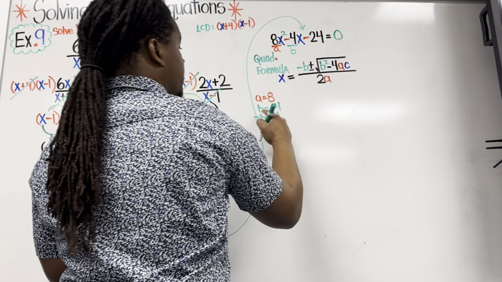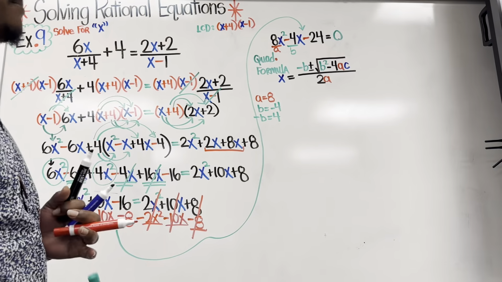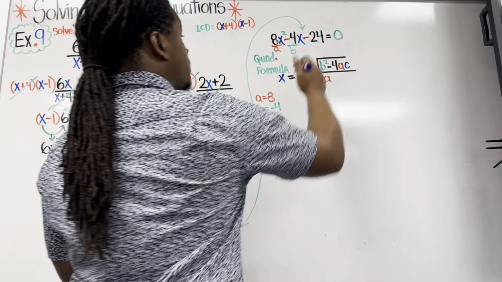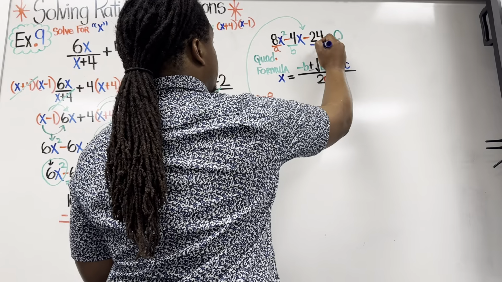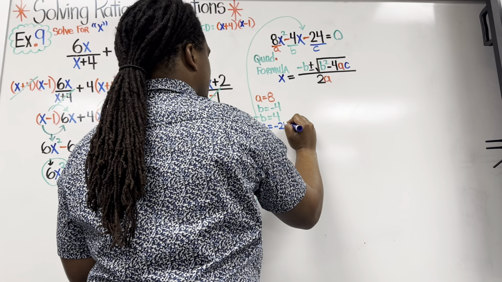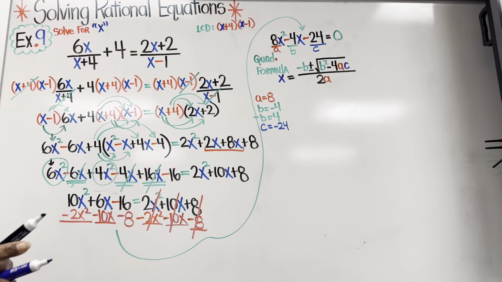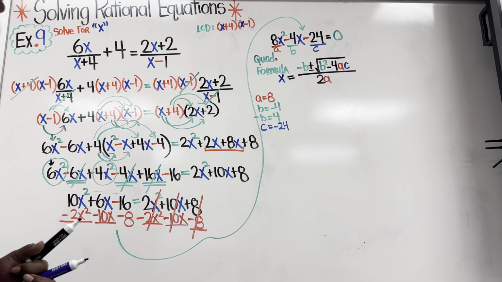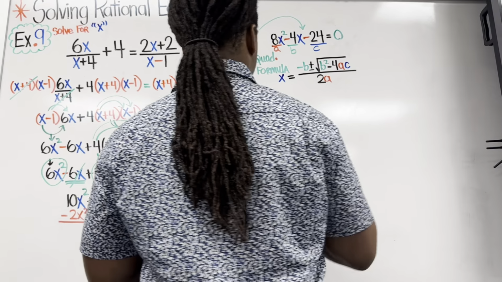And c is the constant, which is -24. All we're going to do is plug those values into the quadratic formula, and then we'll have the values of x. So let's go ahead and do that.